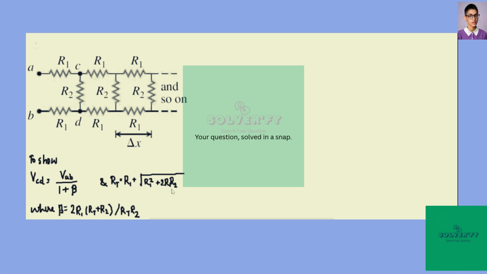So to do this, what I would begin with is, if you look at the figure, then VCD, the voltage across CD, should be the resistance across CD, because RAC, RCD, and RBD are in series.